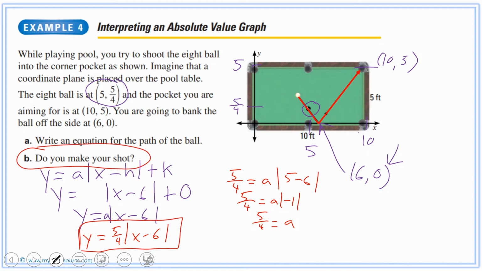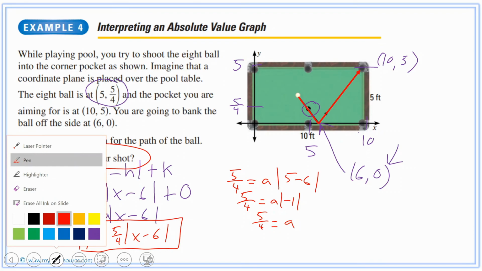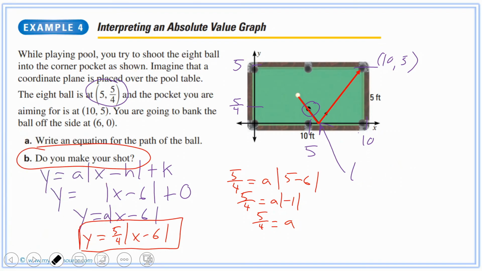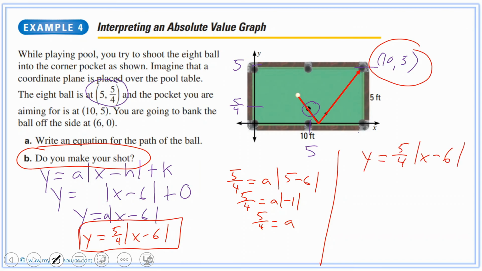So they want to know, do you make the shot? Let's substitute to see. If we substitute the point 10, 5 in there and we get the identity, remember the identity is like 2 equals 2 or 1 equals 1, then we know that we have made the shot. So we substitute into our equation, y equals 5 over 4 times the quantity x minus 6.